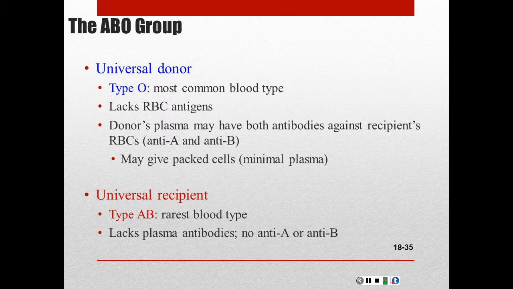Now type O is sometimes called the universal donor, and that's because the red blood cells do not contain A or B antigens. However, the plasma of a type O donor can agglutinate the red blood cells of A, B, or AB recipients.